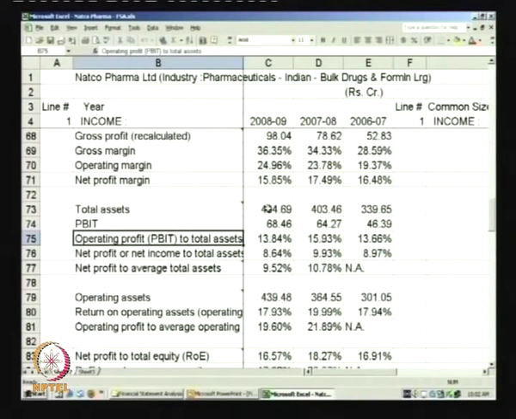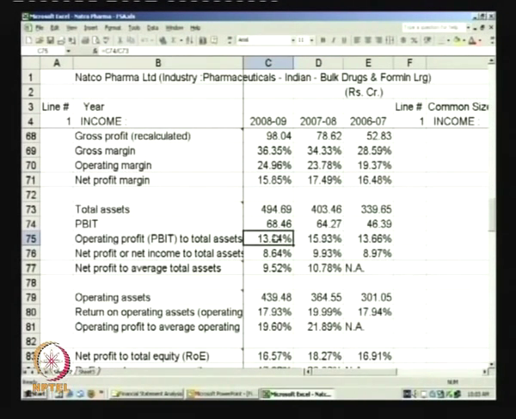The total assets of this company are 494.69 in 2008-9, and PBIT is 68.46. So, the ratio between these two is 13.84%, which was actually 13.66% in 2006-7, and in 2007 it went up to 15.93%, whereas it has declined to 13.84% in the latest year.